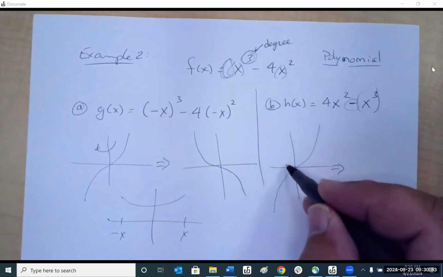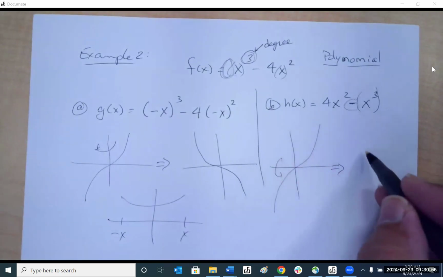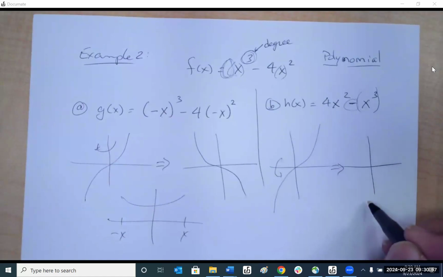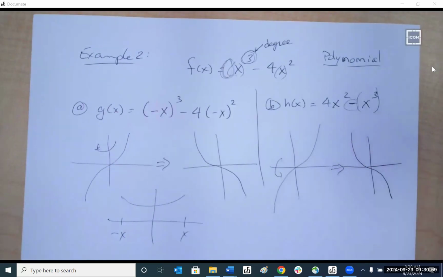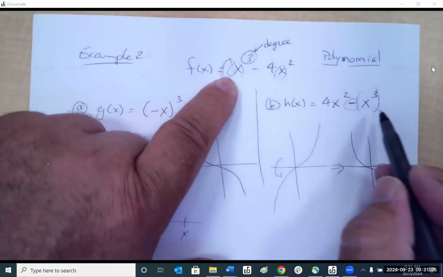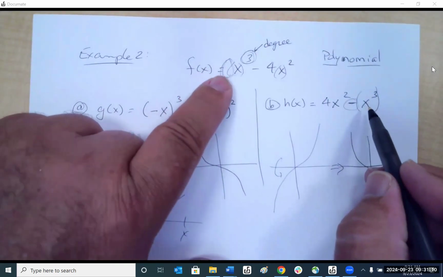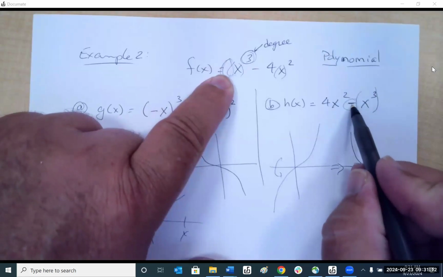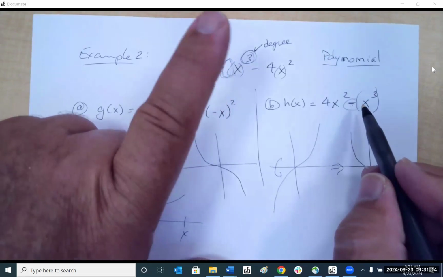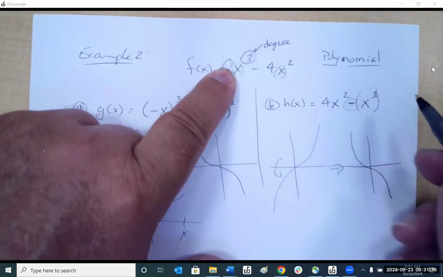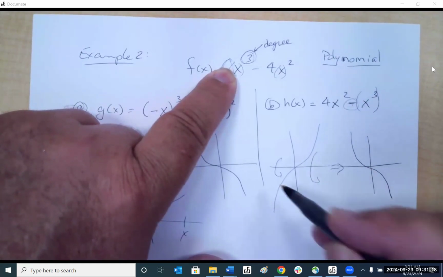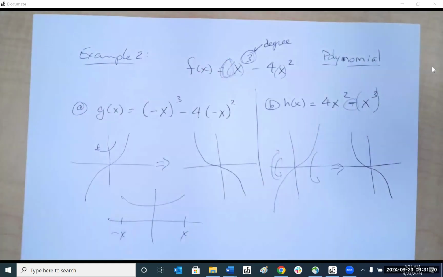So that means I now flip across the x-axis. Looks like this. Since I changed the sign of the leading term, the highest exponent one, instead of being positive, it's now negative. So it flips from here to here, and it flips from there to there.